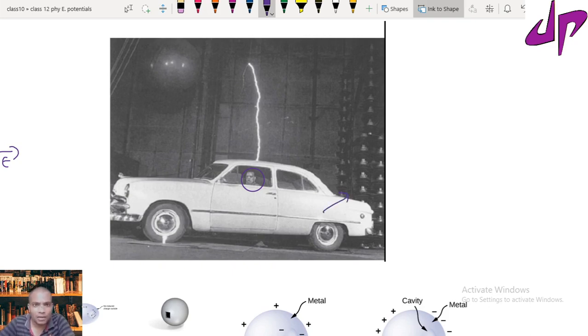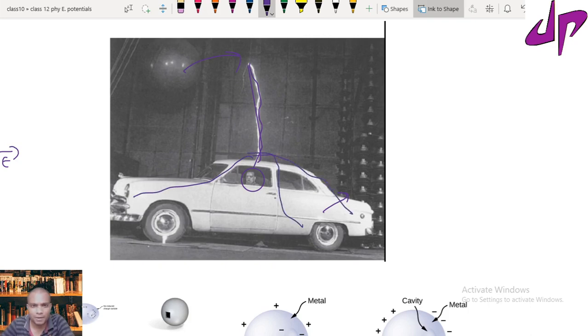Now the charge coming through the thunder, in this case we are using a huge Van de Graaff generator to generate the positive charge. This charge passes all the way through the conducting surface and all over the car body.